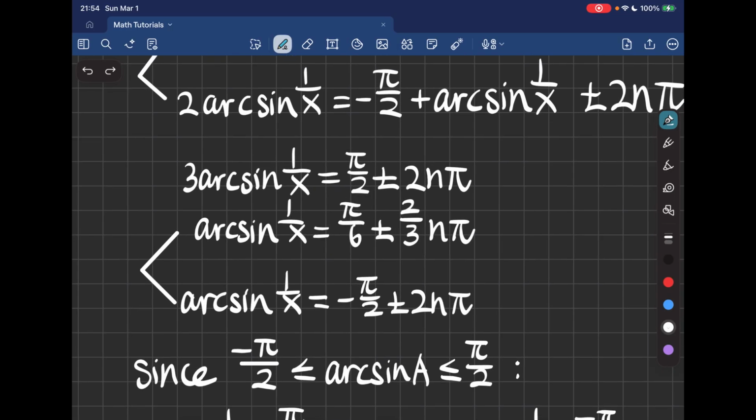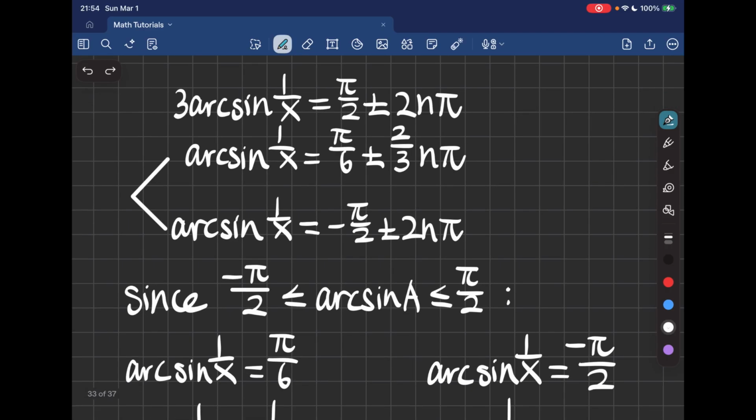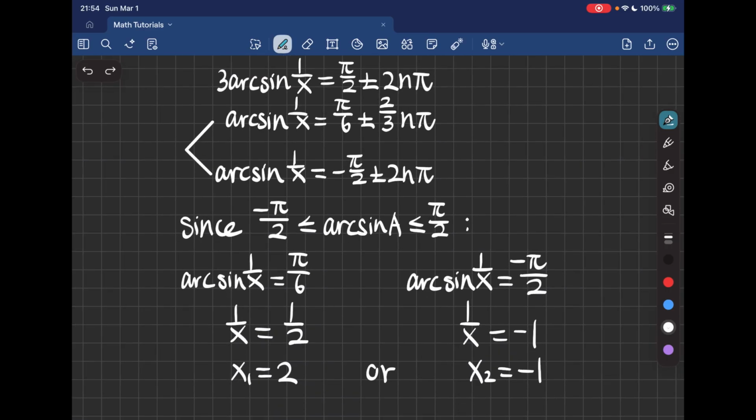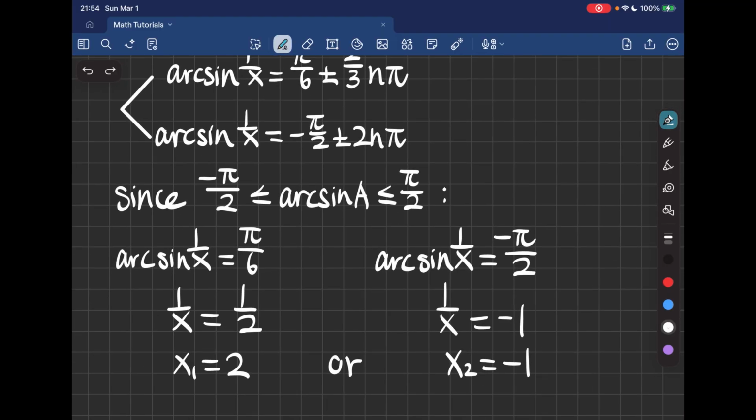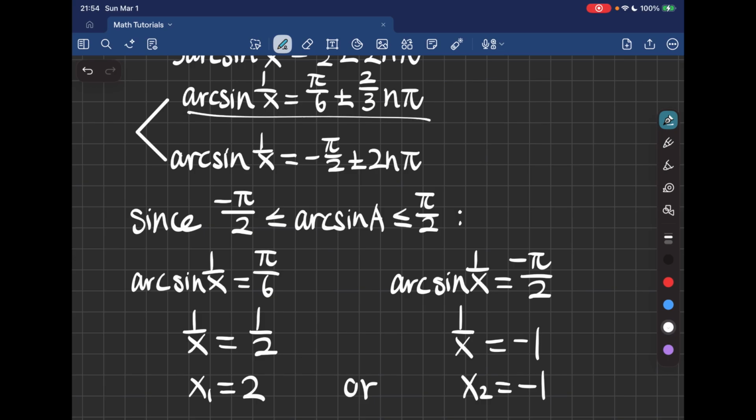Here, notice that you can get rid of this scale factor 3 by dividing both sides by 3, and that's what you have. So for the two possibilities, they will look like this. Since we know that arc sine has a restricted domain, which is negative pi over 2 to pi over 2 inclusive, these values cannot be anything. It cannot be shifted around forever, right?